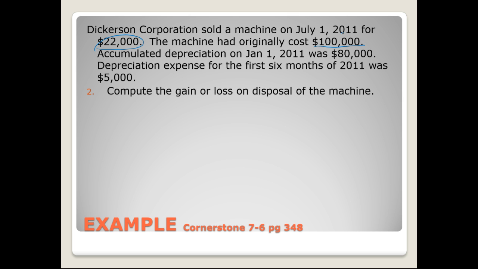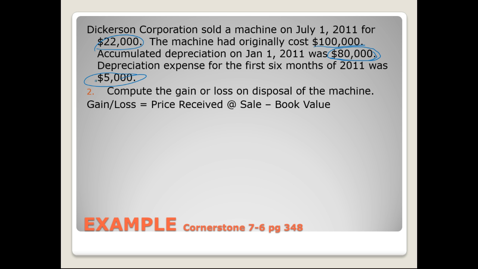We also know that accumulated depreciation as of the beginning of 2011 was $80,000. Did we add any accumulated depreciation in 2011? Well, we did, right? Because we recorded the first 6 months of depreciation, which was $5,000 for 2011.